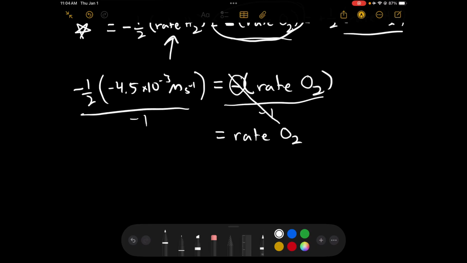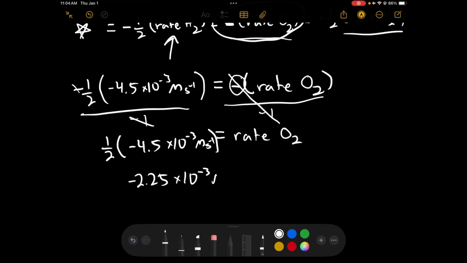So if I divide by -1 on the left, the negative goes away, and I'm left with 1/2 times negative 4.5 times 10 to the negative third. All right, so I plug that into a calculator and I get negative 2.25 times 10 to the negative third molarity per second is equal to the rate of O2.